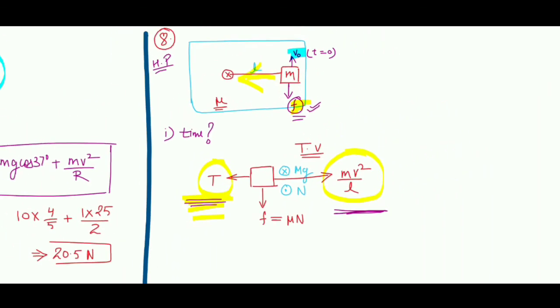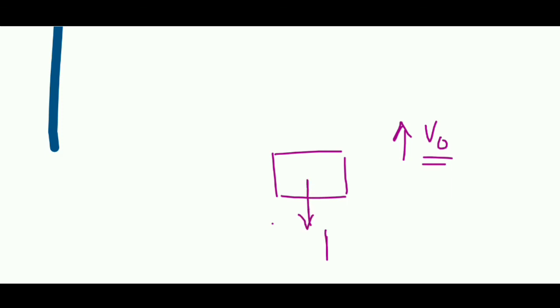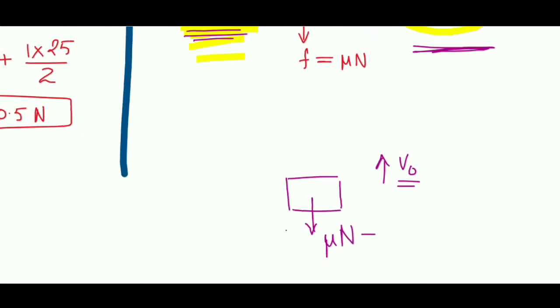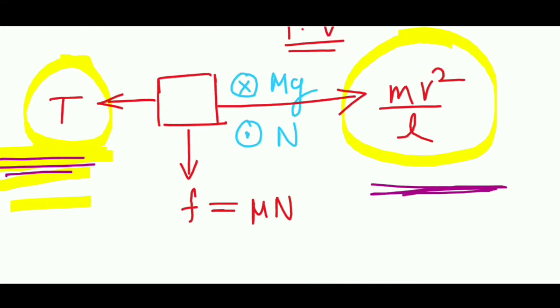Now what we have is, we have a block whose initial velocity is given, v naught. This is the initial velocity. Okay, and the force on this block is given as mu into normal. And what is the value of normal? Normal value will be mg, because in the vertical direction, normal is outwards and mg is inwards, so these both have to balance each other.